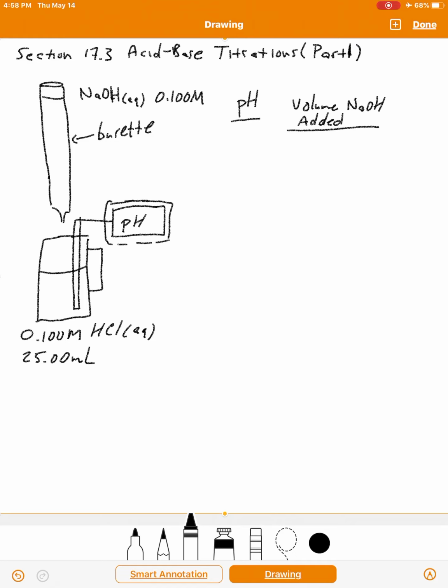Okay. And we're going to keep those numbers up here because we're going to do a little graph with these numbers. Okay. So let's calculate the pH of the HCl before we've added any sodium hydroxide. So the amount of NaOH that we've added is 0. And let's make sure that we know this is in the units of milliliters.